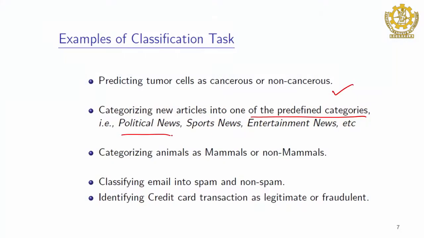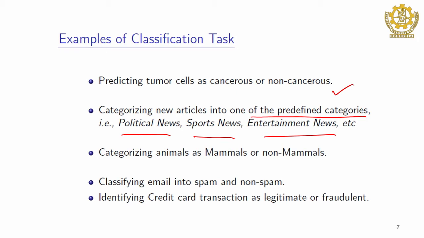Similarly political news. These are the predefined classes. Now, whenever a new news item comes, what do you have to do? It will be categorized into one of the predefined categories. It might be entertainment news, or political news, or sports news.